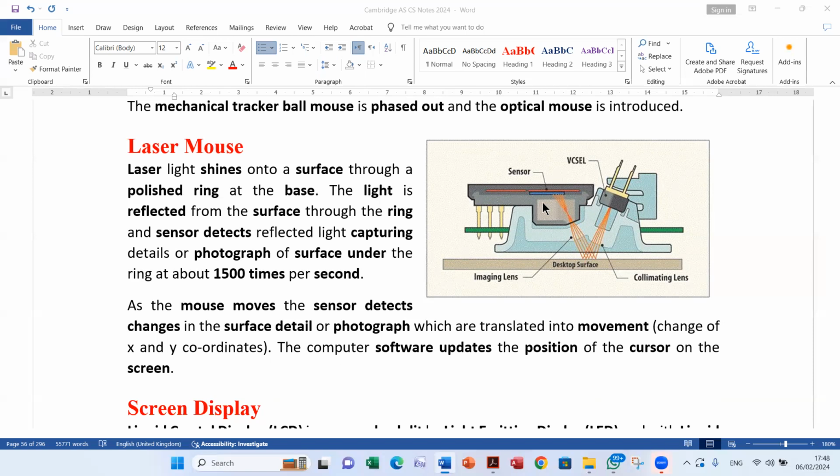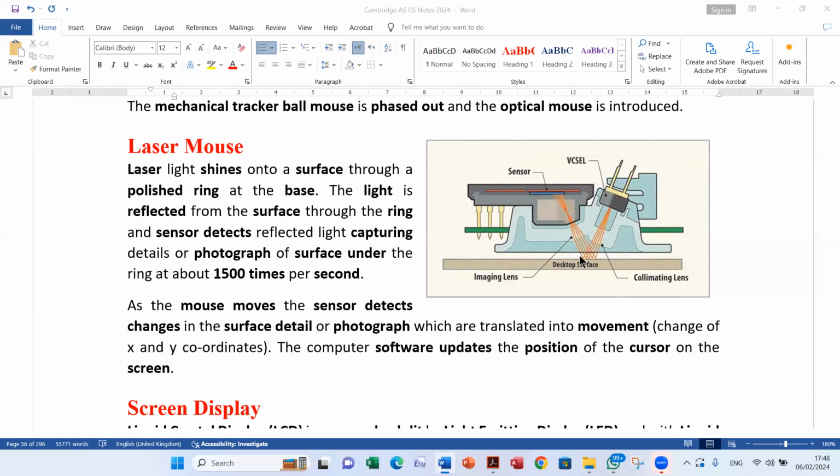So laser light shines onto the surface below the mouse through a polished ring at the base. The light is reflected from the surface through the ring, and sensors detect the light, capturing details or a photograph of the surface under the ring about 1,500 times a second.